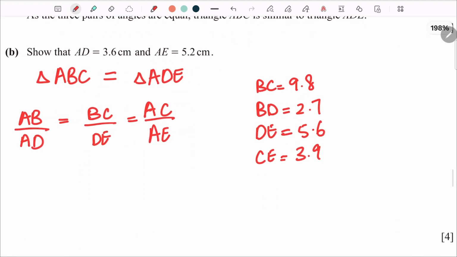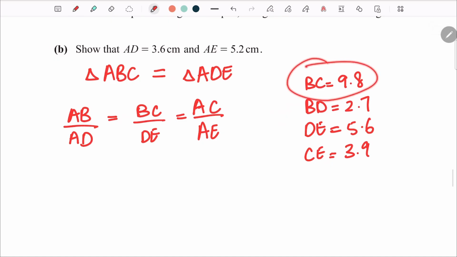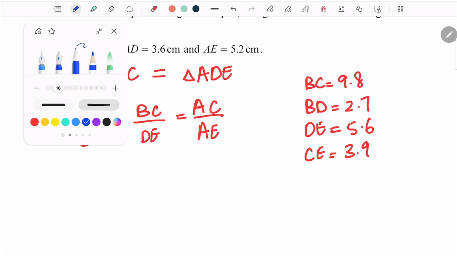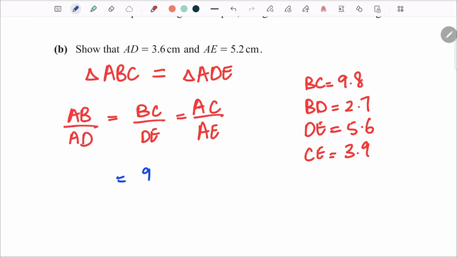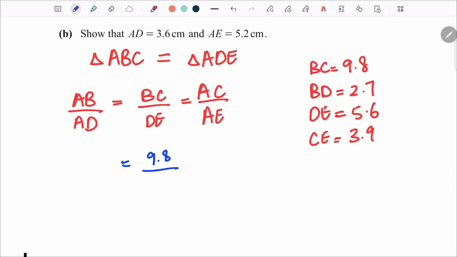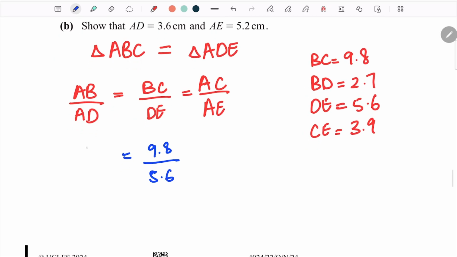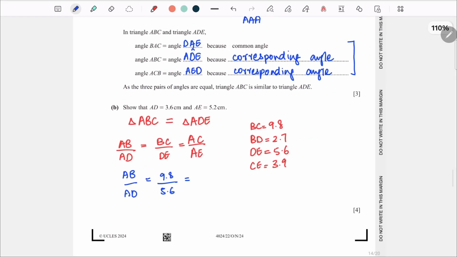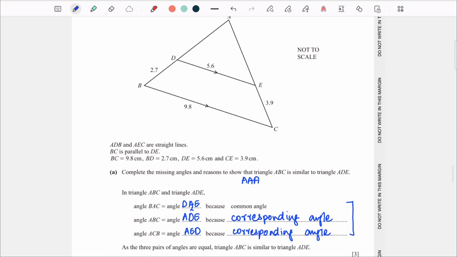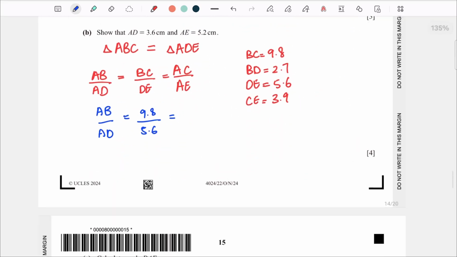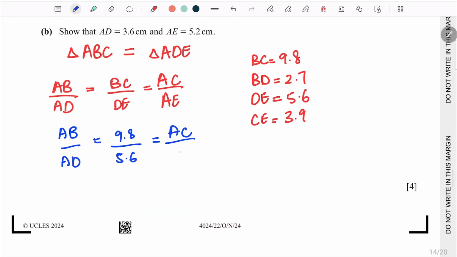So first of all, I'm going to substitute BC, that is 9.8. DE can also be substituted, that is 5.6, and AB is unknown and AD is also unknown. Then AC is also unknown and AE is also unknown.